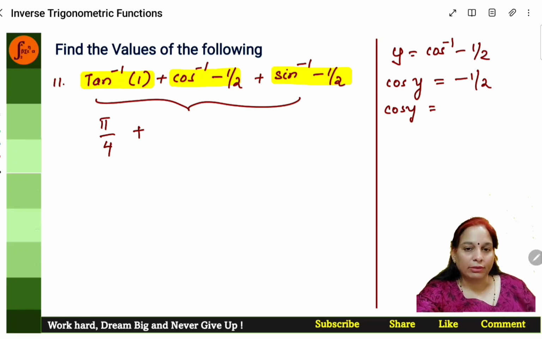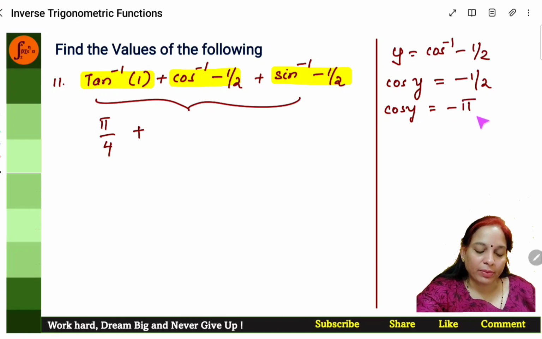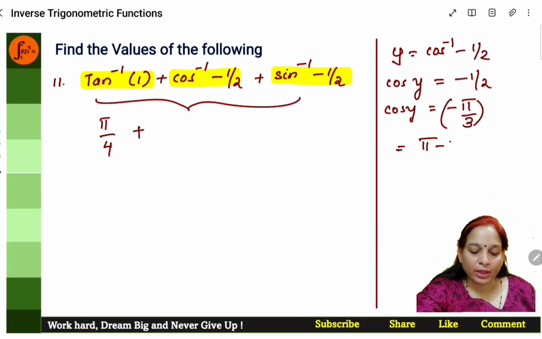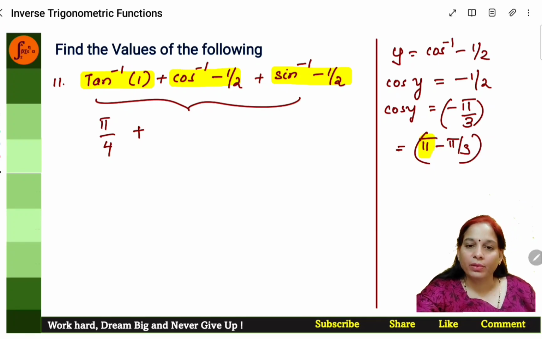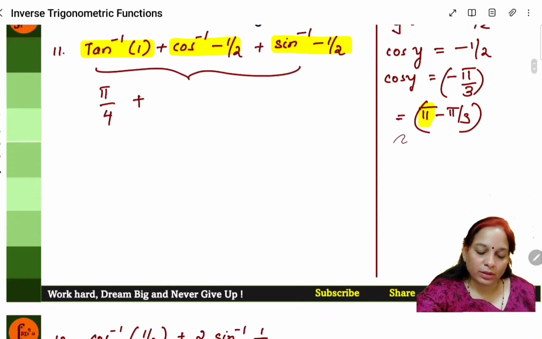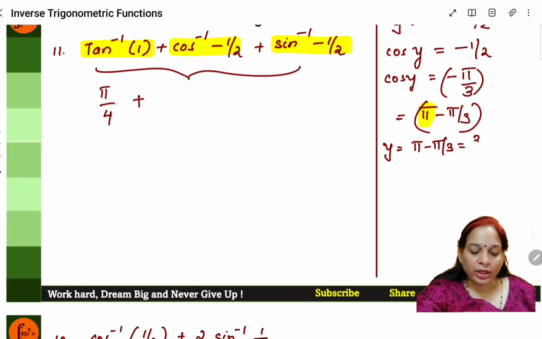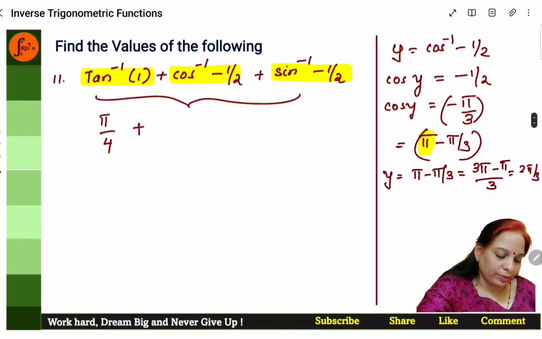Cos 60 is half, that is pi by 3. But you have a negative value, so what we will do is put pi minus pi by 3. We'll subtract it from 180 degrees. So you'll get y is equal to pi minus pi by 3, which is, take the LCM, 3 pi minus pi by 3, which is 2 pi by 3. So we'll write 2 pi by 3 here.